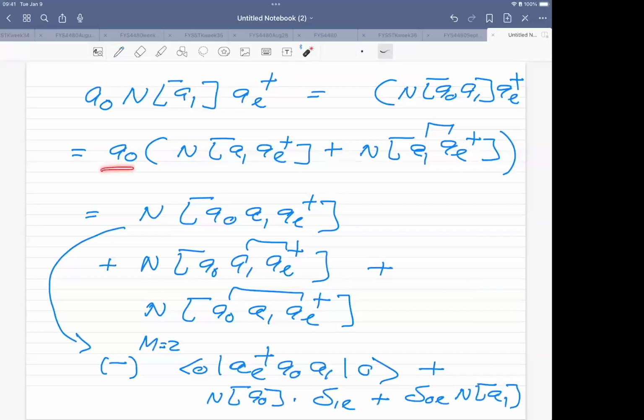If I now act with this one on the same product, I can actually rewrite that one as a chain of two normal ordered operators multiplied with a new one, which then contains the contractions here and the contraction there. So this is what happens if we have a chain of annihilation operators. So keep in mind now that if one of these is zero, then all the contractions will be zero. Okay?